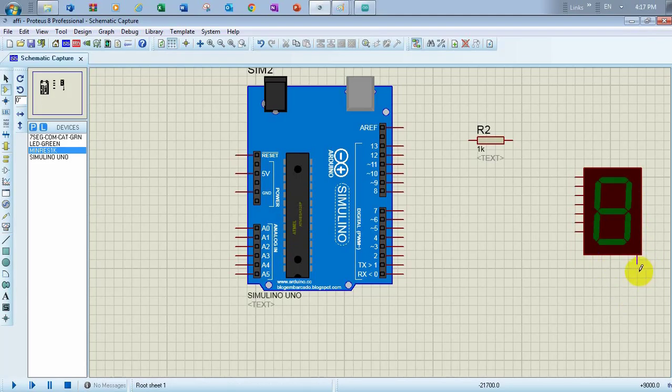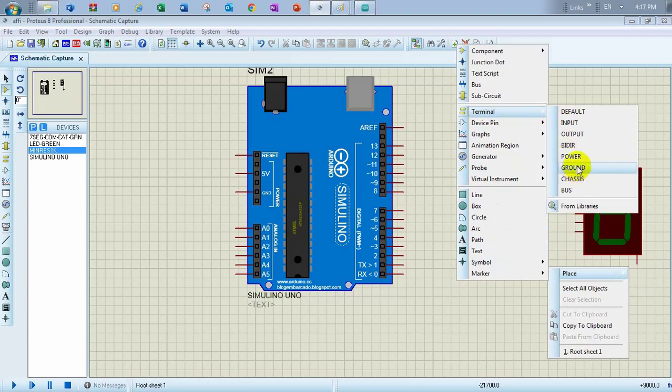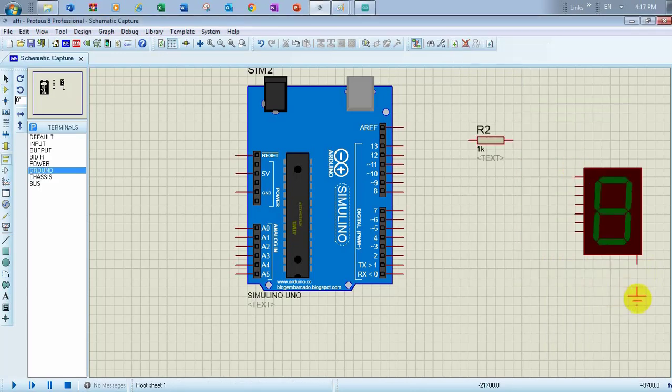We place the ground terminal, and we link it to 0 volt, and we inject power of 5 volt into any leg, for that segment to light up or turn off.